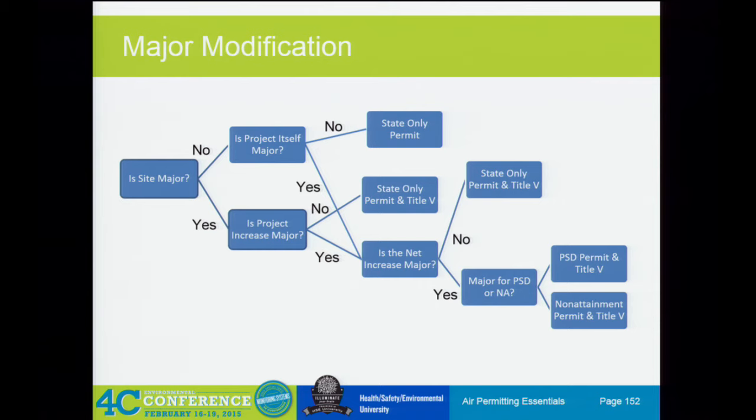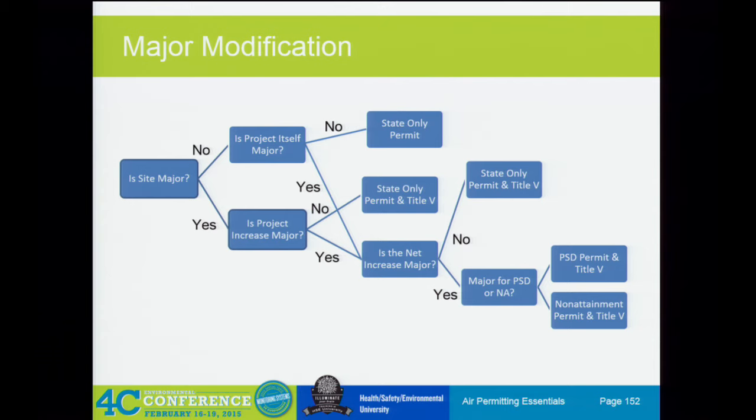If that's not the case, then the project itself has to be major in order to drop down to this bottom PSD non-attainment scenario. So what that means is that if you were at 99 tons of all of your criteria pollutants, you're not a major source yet. So then you go to this next box, is the project itself major?